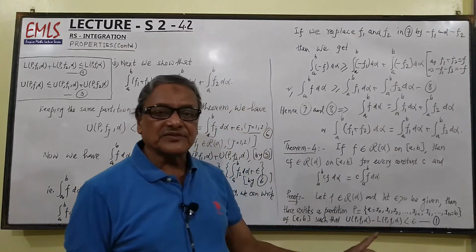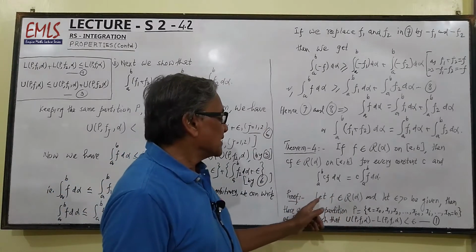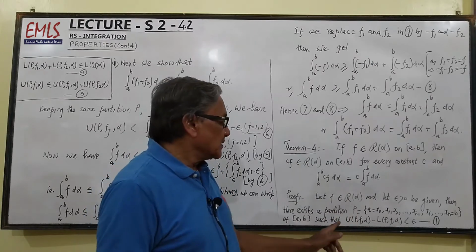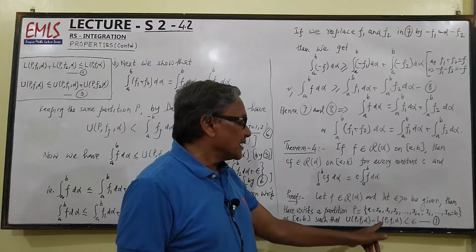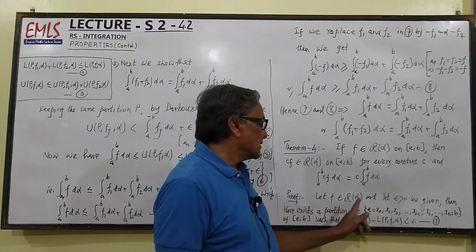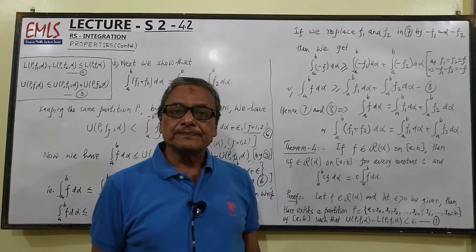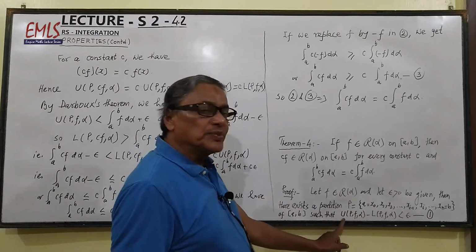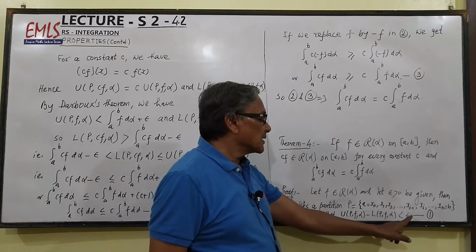This follows from the necessary and sufficient condition for integrability, because we have already supposed that f belongs to R(alpha). So U(P, f, alpha) minus L(P, f, alpha) is less than epsilon for this partition P.